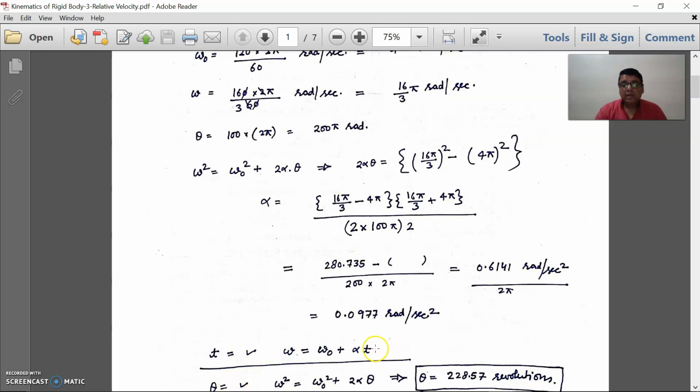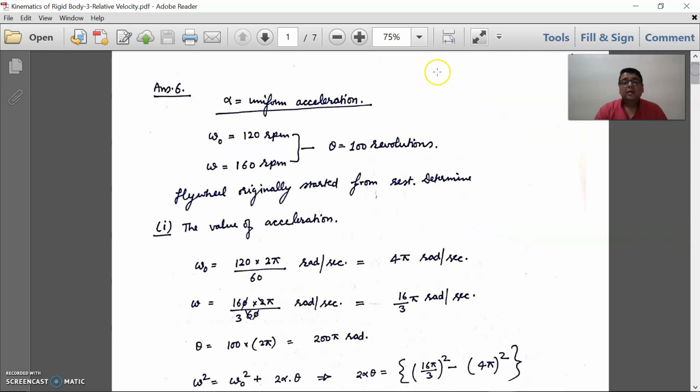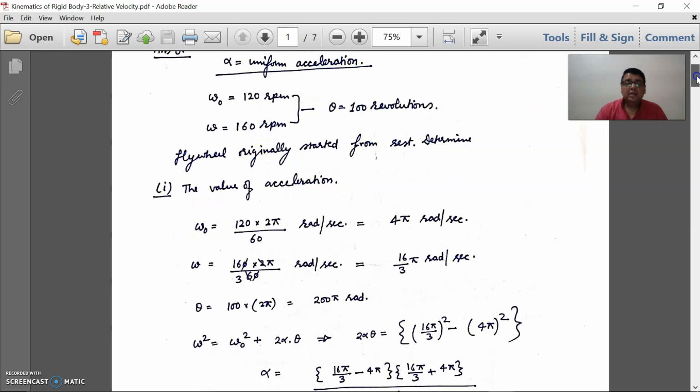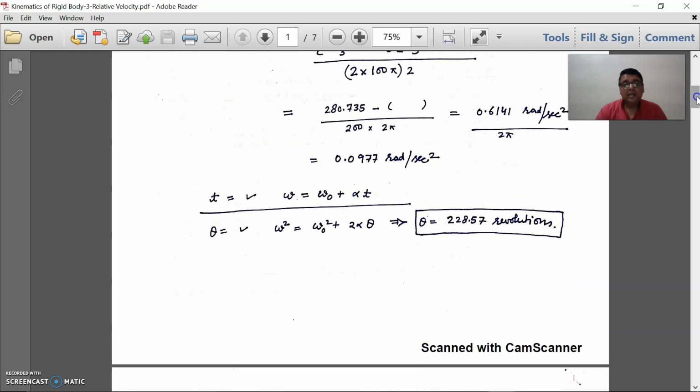So time t you can get from this equation, omega is equal to omega naught plus alpha t, because he is asking the time in which it goes from this rpm to this rpm, how much time it took with that acceleration, so that you can easily get. And same way for theta, from the very starting, from the initial stage.